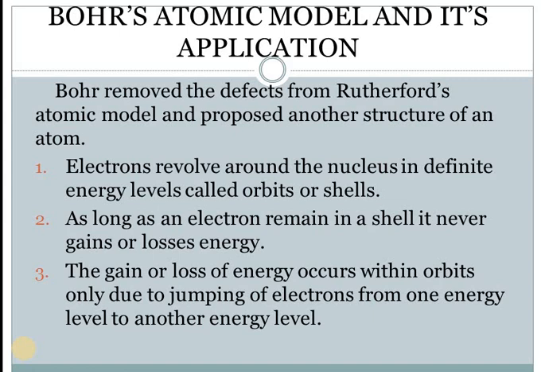Or when an electron loses energy, it moves from a higher energy orbit to a lower energy orbit. So energy levels are different, which makes the energy difference flow into the atom or out of the atom.